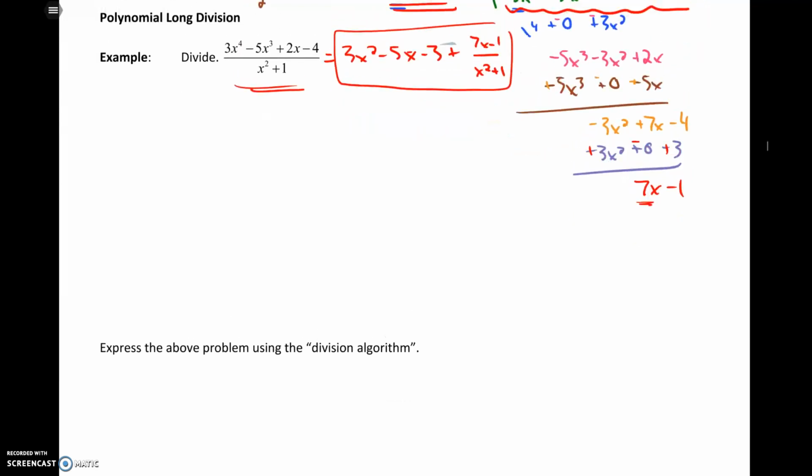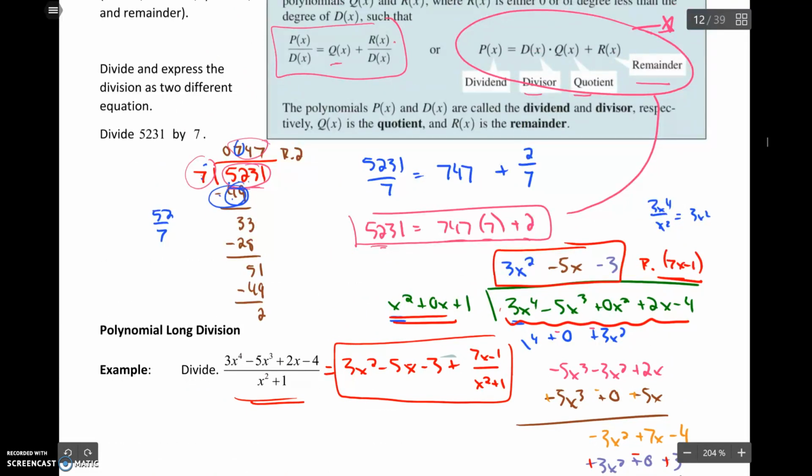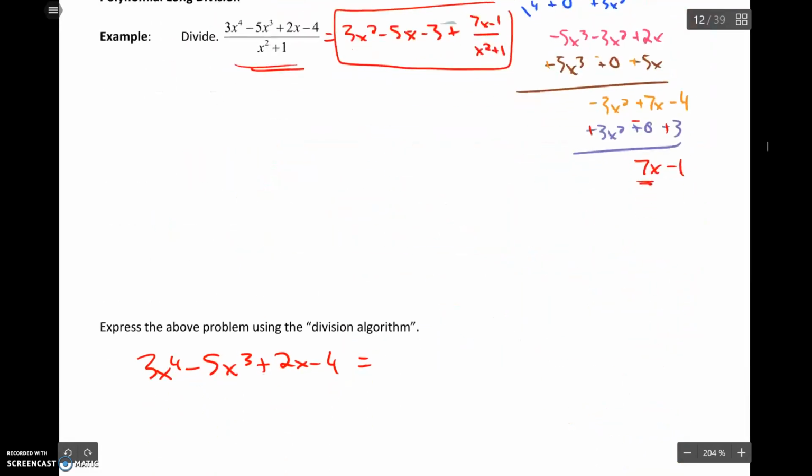Express the above using the division algorithm. So that is taking the dividend, that's equal to our divisor times our quotient plus our remainder. Our divisor times our quotient plus the remainder.